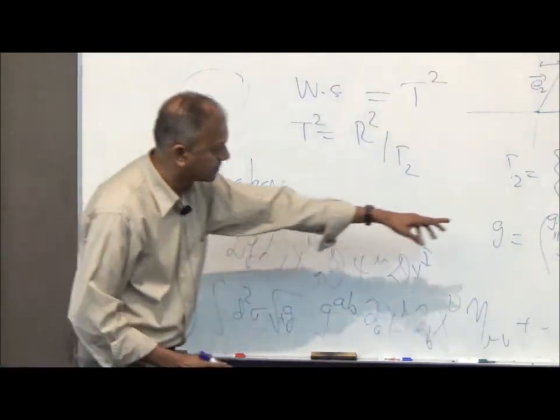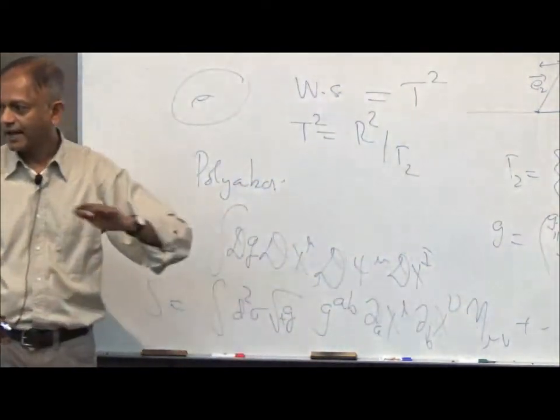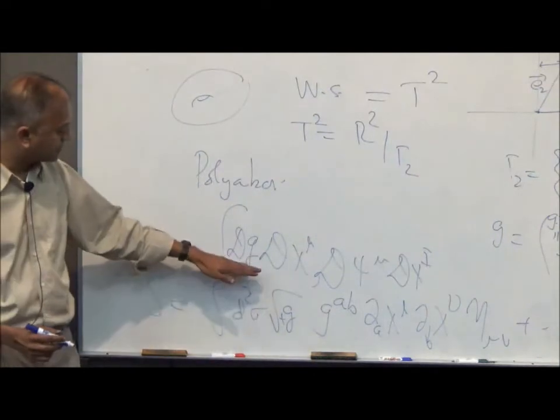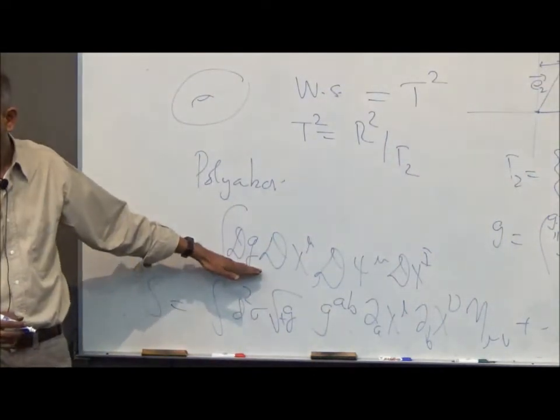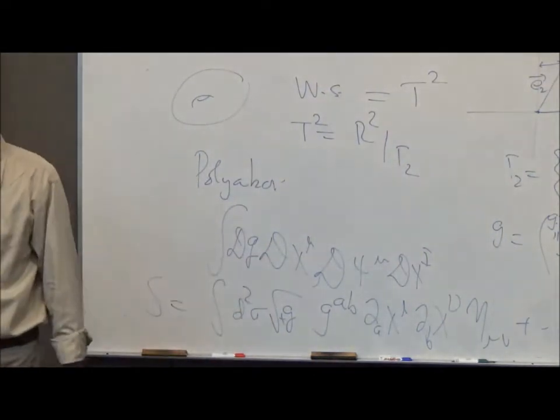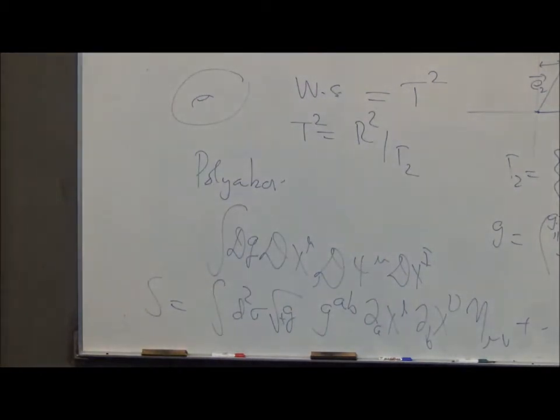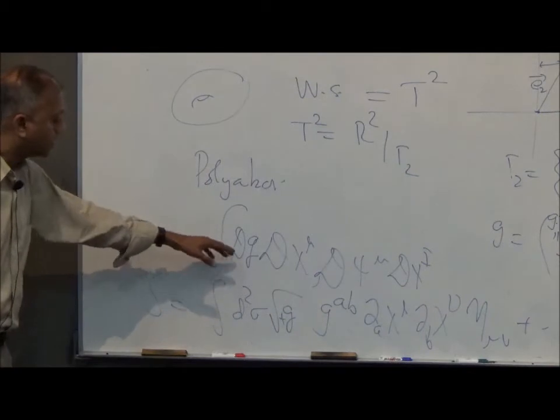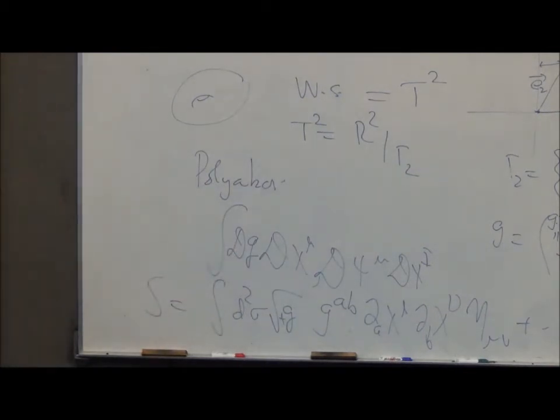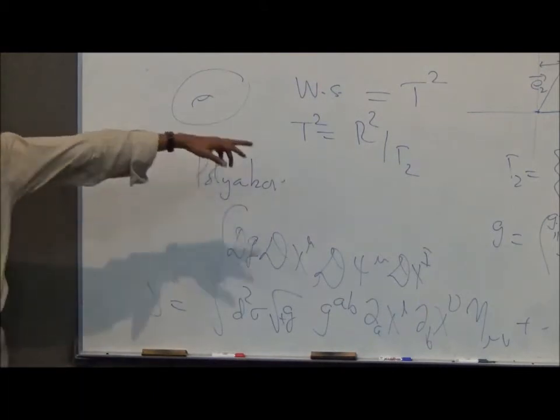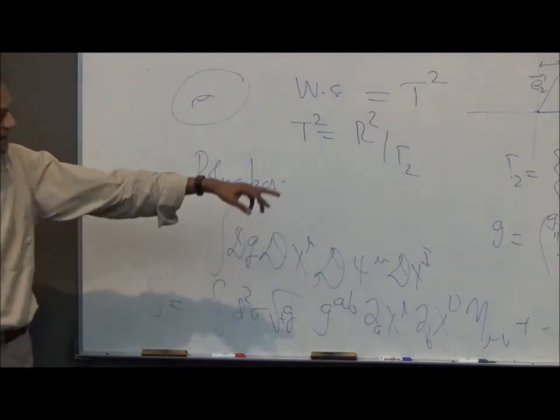By fixing the diffeomorphisms and Weyl, you can get rid of almost all of these integrations, except perhaps a finite dimension. Not a functional integral, but some finite dimension. How many dimensions are finally left depends on the genus of the Riemann surface. For the torus, it is just 1 complex dimension, and that is exactly this tau.